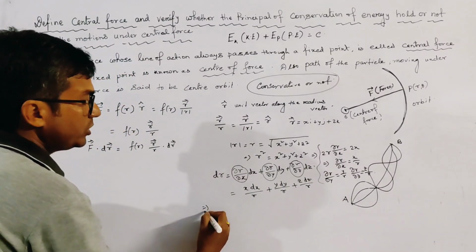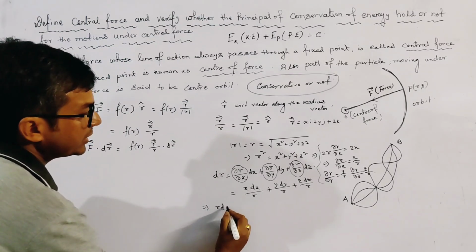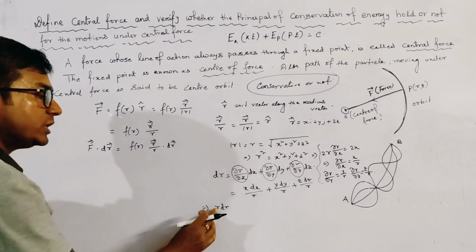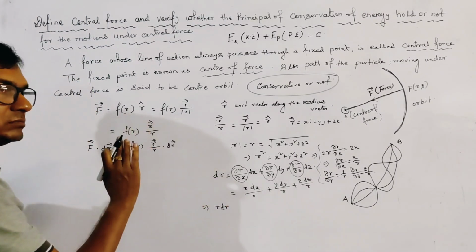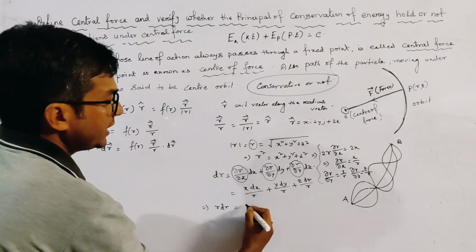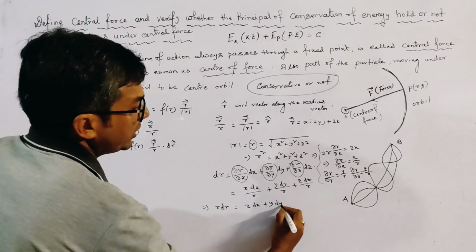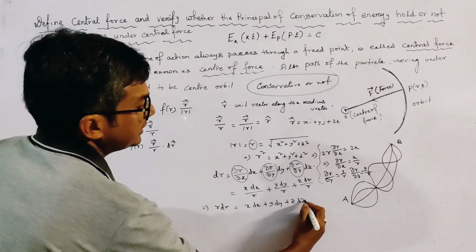Okay, and we multiply r on the left side, we get r dr. Both r and dr are scalar quantities. And on the right side, we can write x dx plus y dy plus z dz.